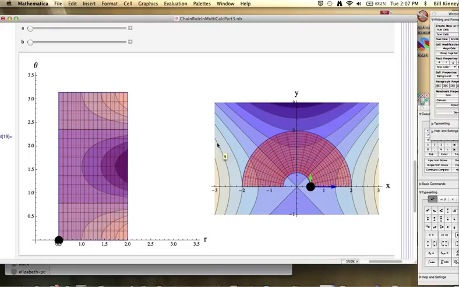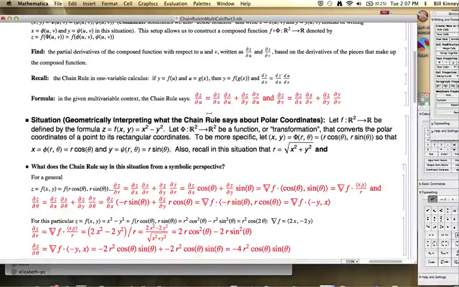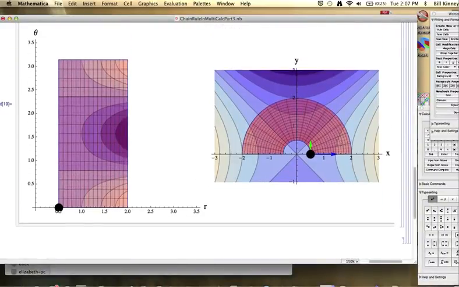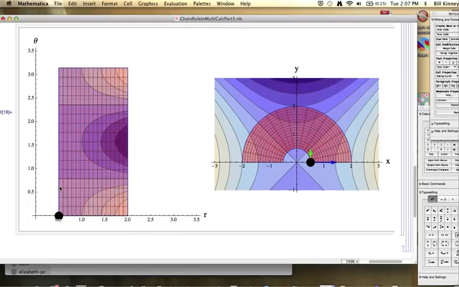The transformation capital phi, this formula right here, is what is doing that geometric transformation of the rectangle into the half annulus. We can take points r comma theta in the plane on the left, plug them into that function, and get a corresponding point over here. For example, this big black dot on the left is at the point with coordinates r equals 0.5, theta equals 0.